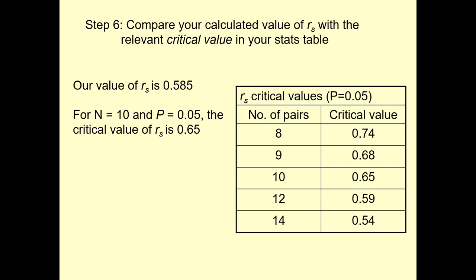For n equal to 10, about 10 pairs, and p is 0.05, this means that we are 95% confident when we are making this assumption. The critical value of RS when p is equal to 0.05 and the number of pairs is 10 is 0.65.